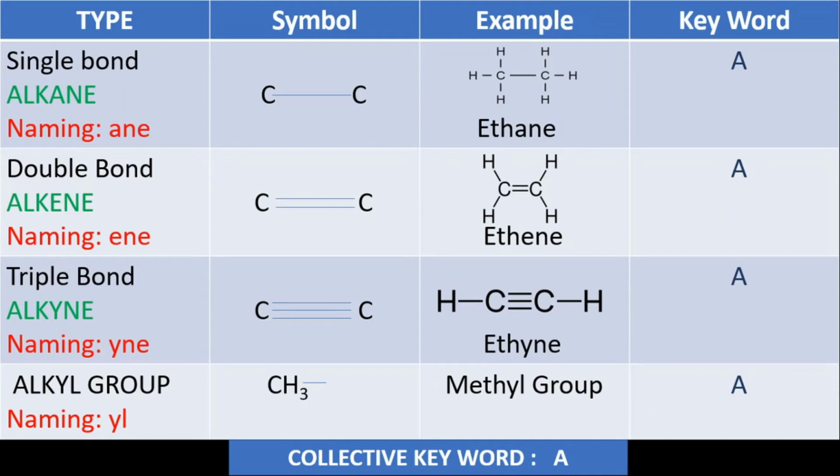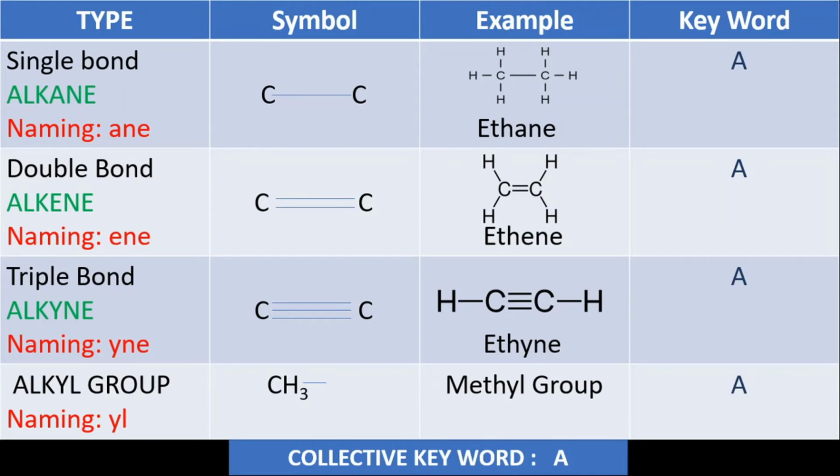After the removal of one bond, the carbon of the alkane has the ability to make one more bond. The new group produced is called an alkyl group, and its name carries the letters Y and L at the end.